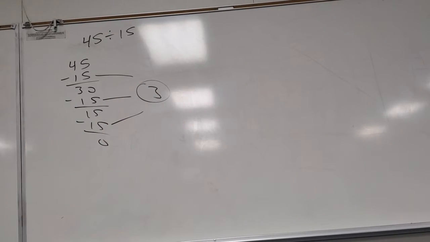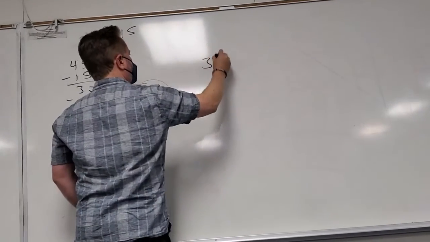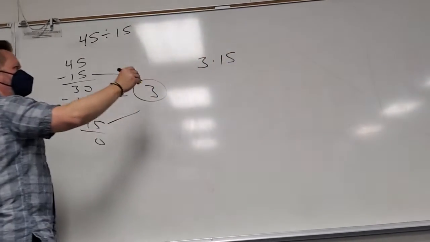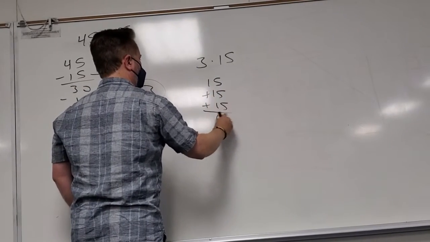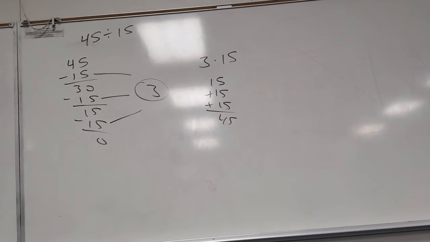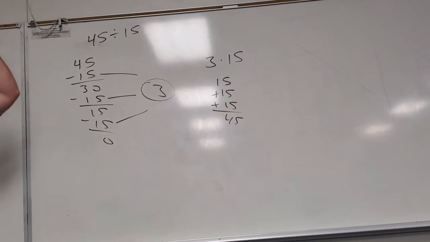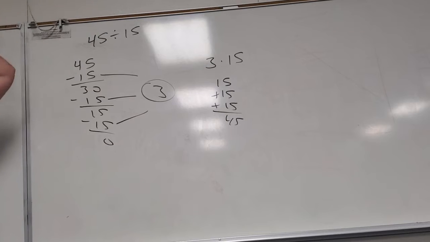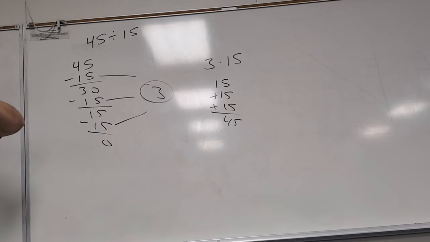I had to do it 3 times. That's the exact reverse of 3 times 15, because this would be 15 plus 15 plus 15 to make 45, right? Again, when you introduce the idea of repeated subtraction, you build it off of repeated addition, and this really reinforces the idea that division is inherently the opposite of multiplication.